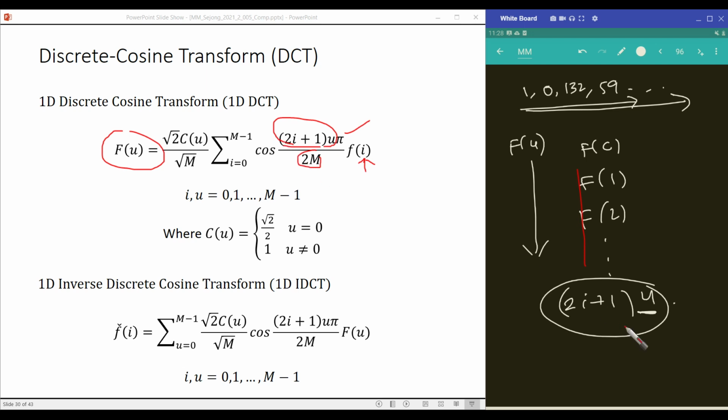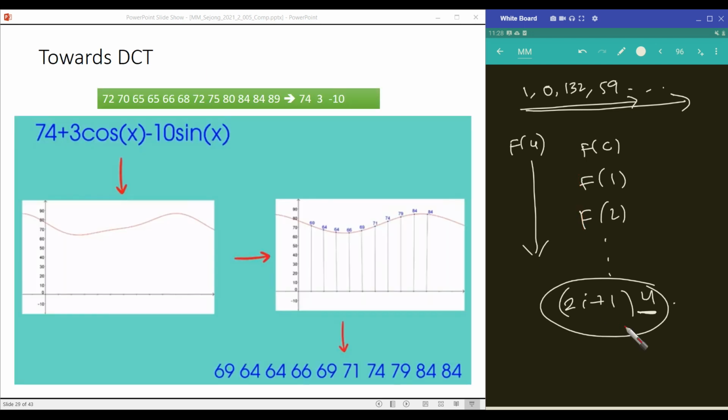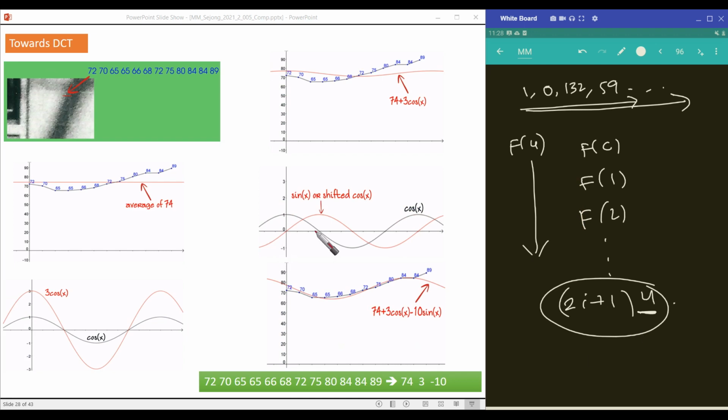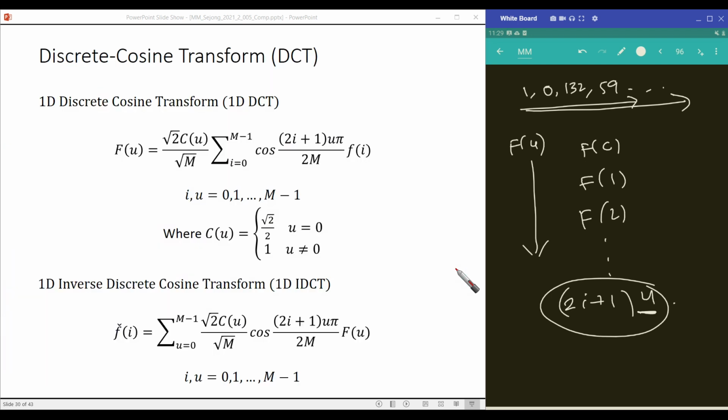So if we increase the frequency, the wave looks like this, with more oscillation. So this is how we can think of, from another perspective, how it becomes increasing or decreasing.